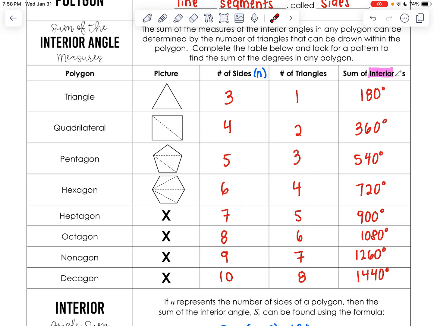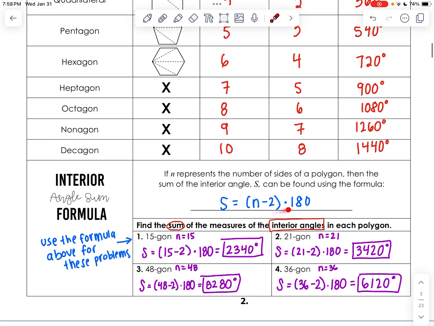So when we're making this formula here, S is the sum of the interior angles. Excuse me. That's what S stands for. So this is the sum of the interior angles, meaning all the interior angles added together. And this is your formula, n minus 2 times 180.